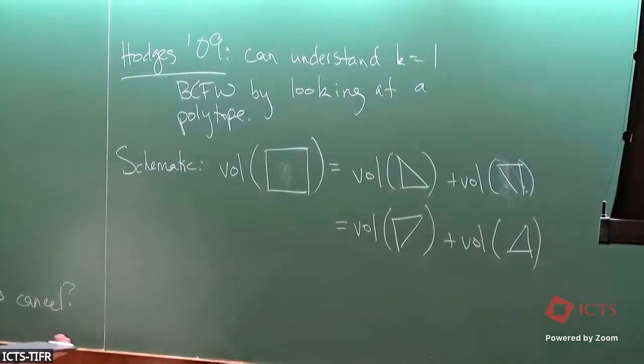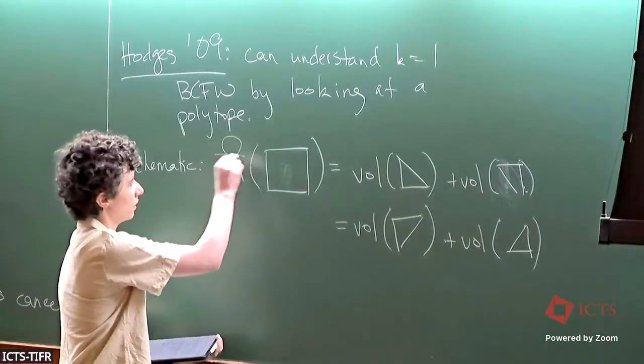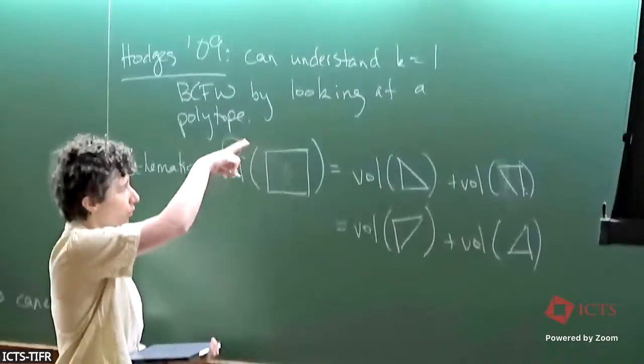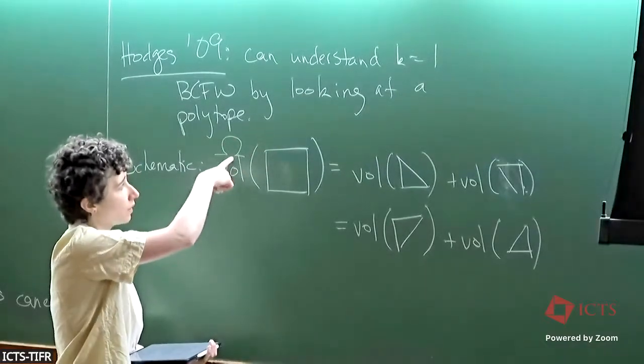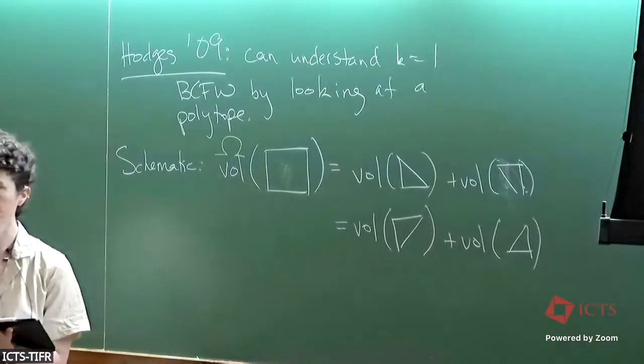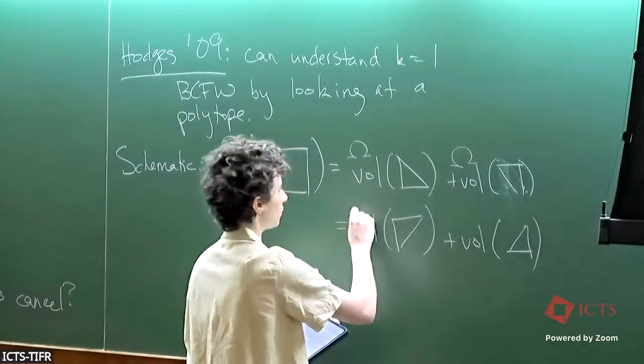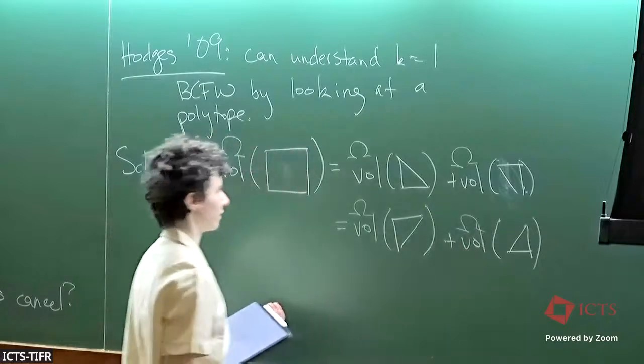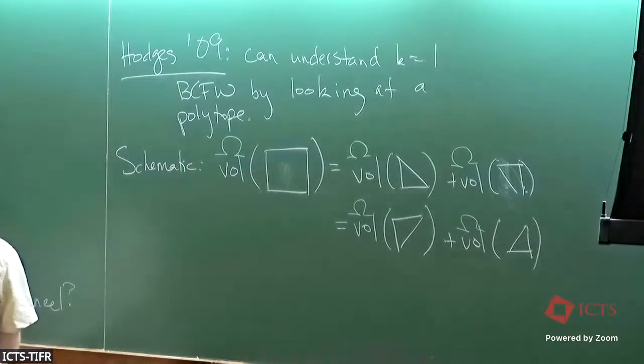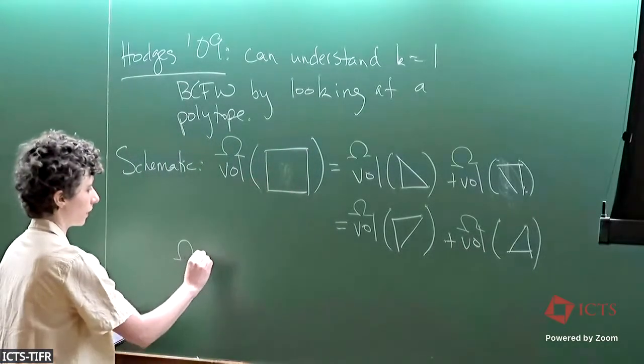Instead of the volume, what's really being computed is some top degree differential form, which I'm going to call omega. Again, still just a schematic. And what's happening with this omega?